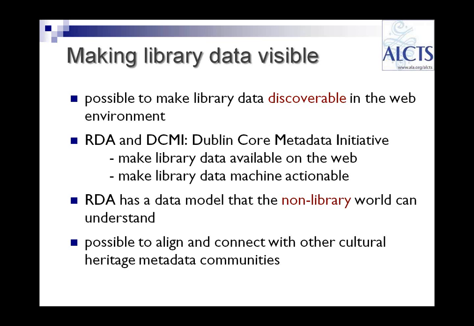Having an explicit data model is very important because it's a model that the non-library world can also understand. So the whole idea is to move out of our library silo and get our data out there, discoverable in broader environments, and also functioning alongside the metadata of other cultural heritage communities, such as archives and museums.